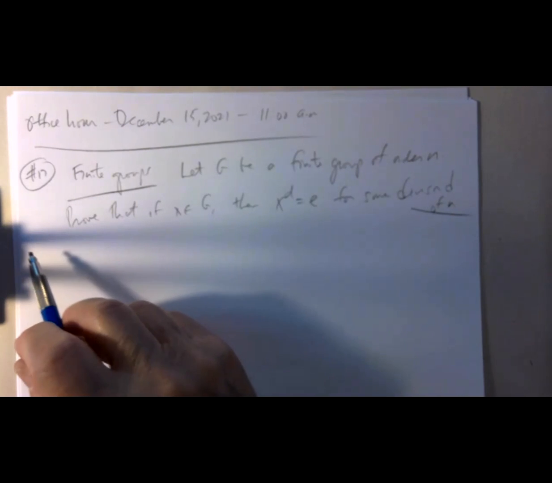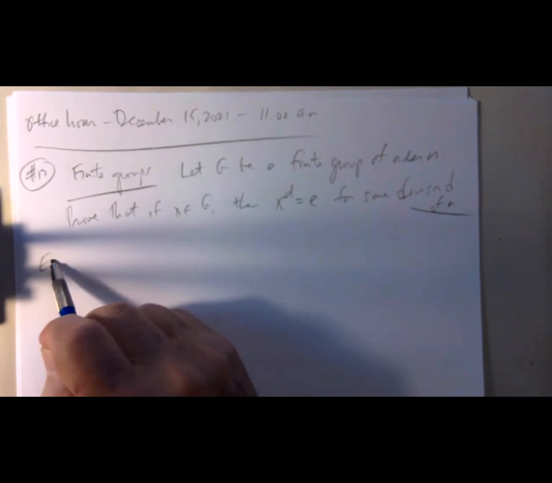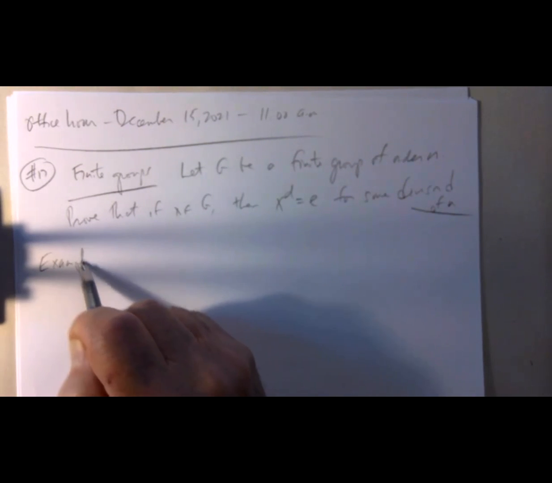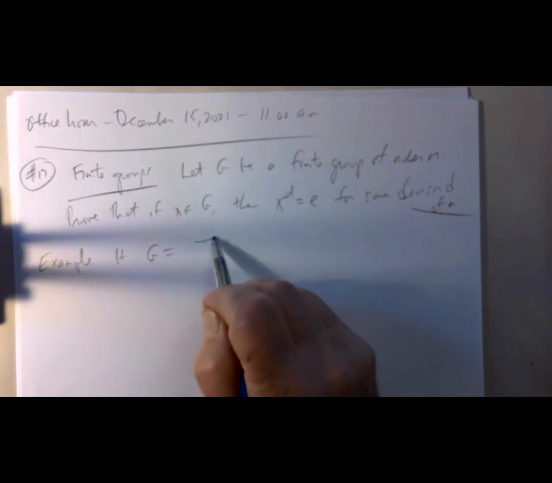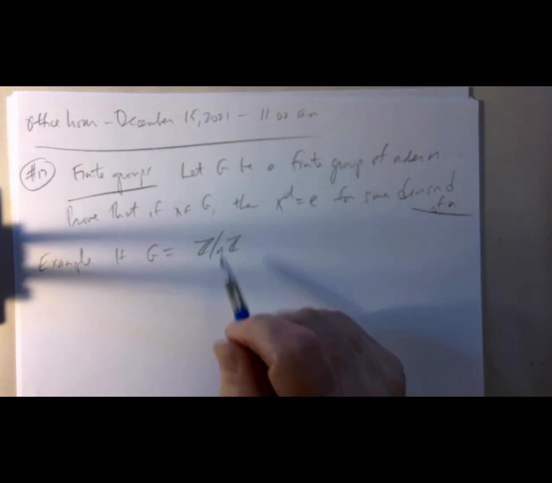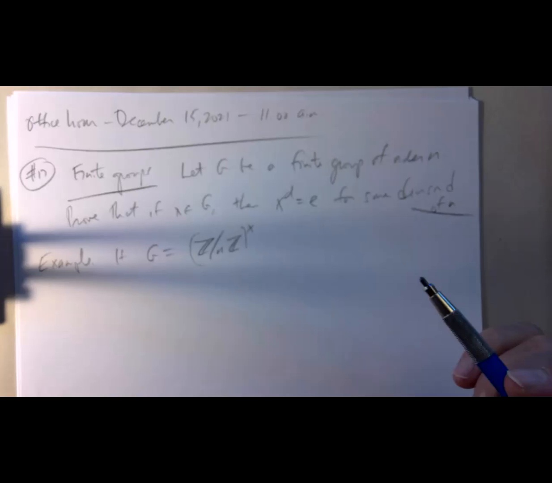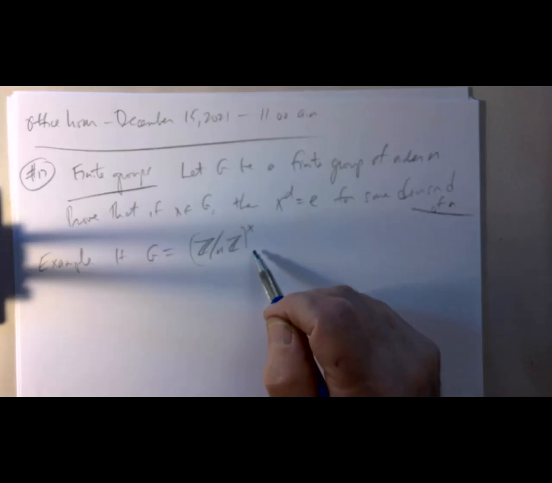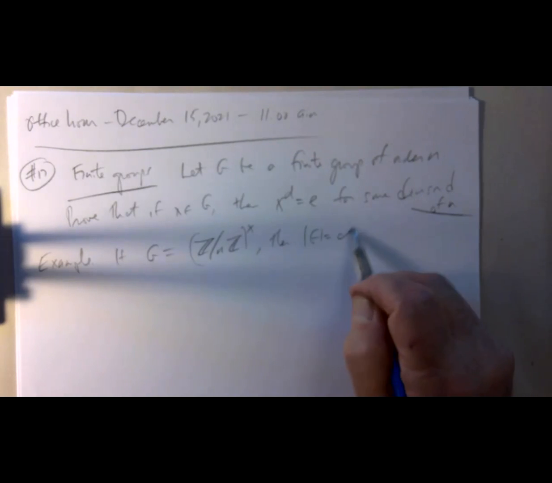So let me just point out, we already saw this in the case of congruences. If you take the group G of congruence classes mod n, but only the ones that are relatively prime to n, then the order of G is exactly phi of n.